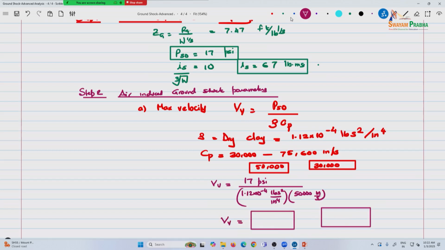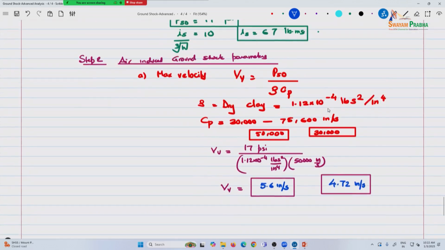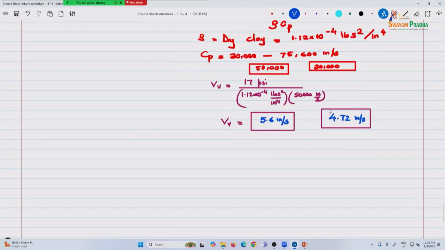Just to get ideas about the numbers, in one case you get 5.6 inches per second. At a lower Cp, if the wave speed is lower in the system, we get the velocity to be 4.72 inches per second. This is for the same soil. As we mentioned, it's hard to pick, so you can do probabilistic analysis in this case.